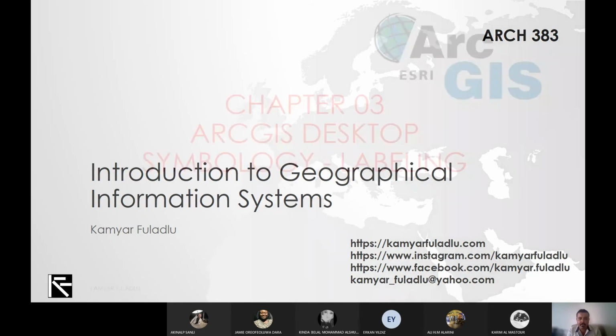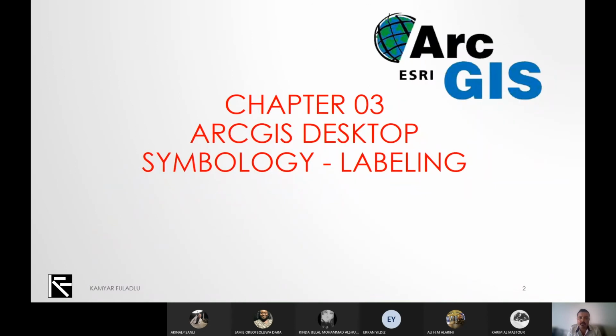This is considered our 3rd chapter. In this chapter, we are dealing with symbology and labeling. Symbology is the same as classification. As I told you, there are a bunch of GIS programs.